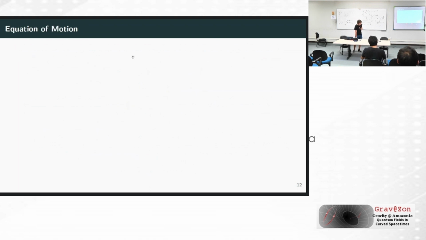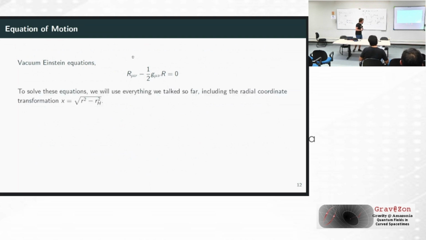Now, you have the ansatz metric, you have the boundary conditions. Now you have to have some equations of motion. So for the Kerr case, these equations of motion are the vacuum Einstein equations. So very simple, very easy to compute. And since we already introduced this x coordinate, it would be better for the solver in the end if you already use this x coordinate instead of the radial coordinate as in the beginning.